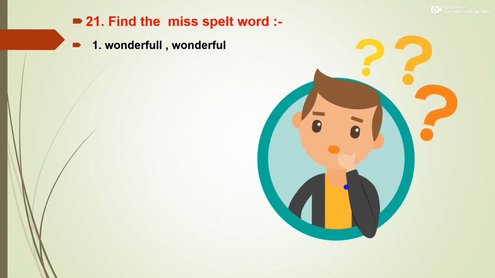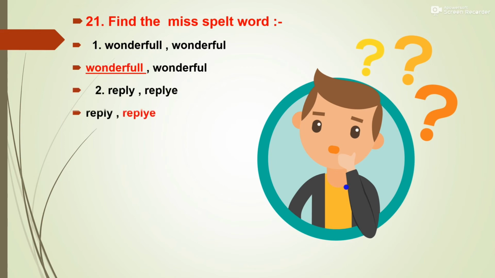So find the misspelled word means we have to choose the word which has a wrong spelling. So wonderful, wonderful. So the first word WNDERFULL is the misspelled word. Misspelled word means the word which has wrong spelling. So reply, the second one REPLYE is a misspelled word.